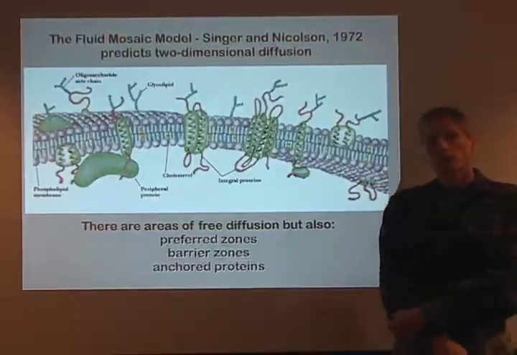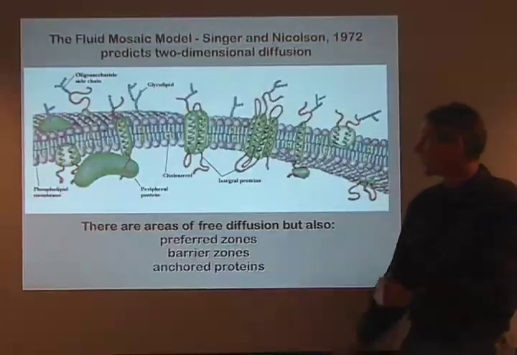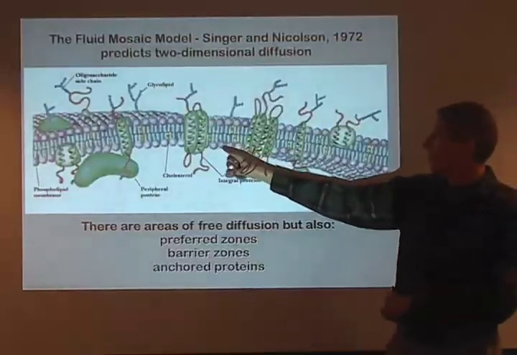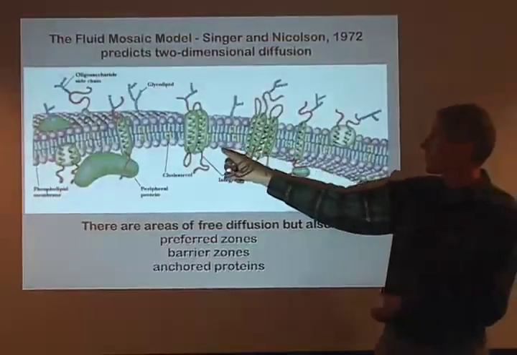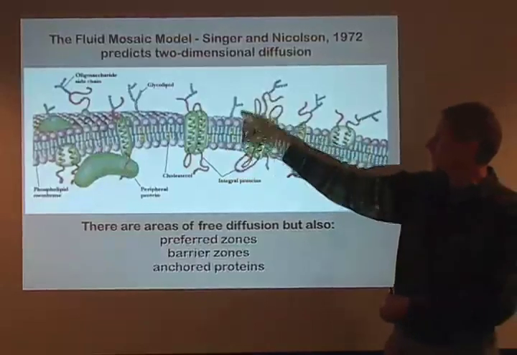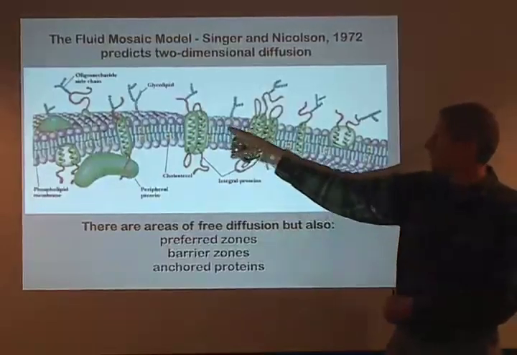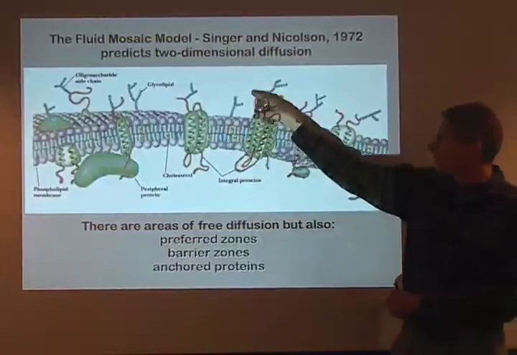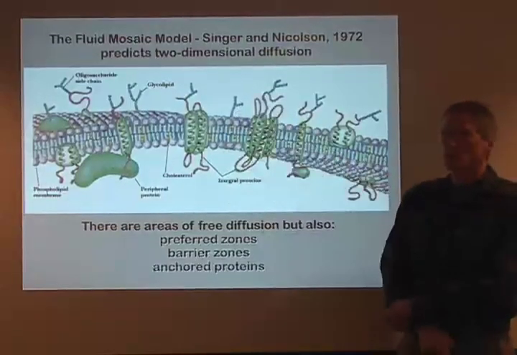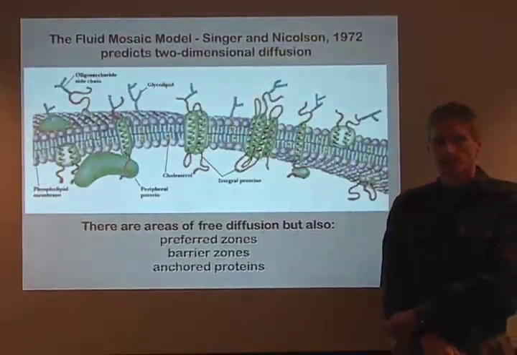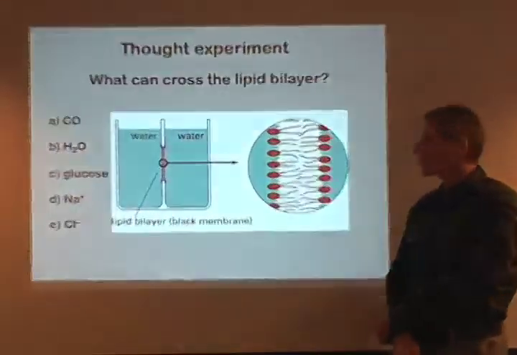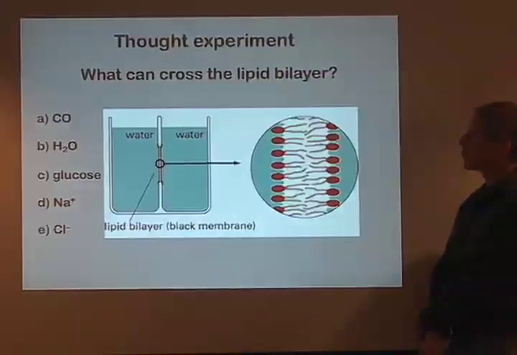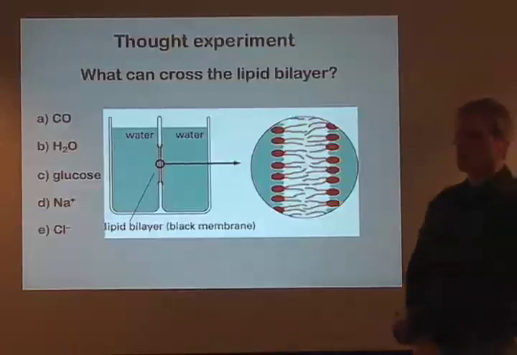So finally, membranes are barriers. Because they have this polar region on the hydrophilic side, facing in and out, and they have a hydrophobic fatty acid tail, some molecules can get through and some can't. So let's consider what could cross a lipid bilayer.